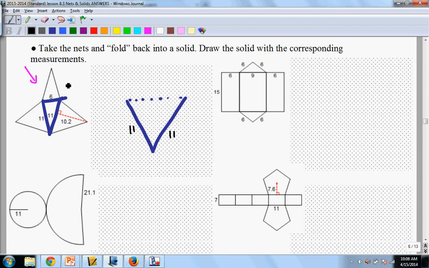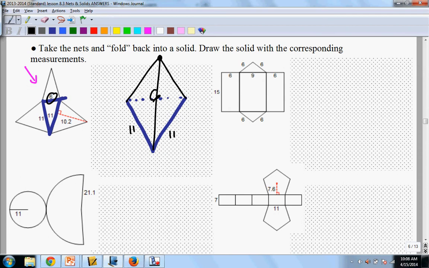What's that back edge? Bingo. Now, to make a pyramid, you just put a dot at the top. And now we're just going to pull it up. We can see all 3. It's 11 on the left, 11 on the right, and 6 in the back.